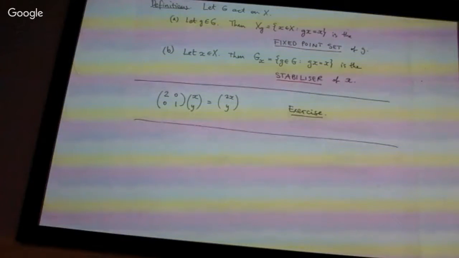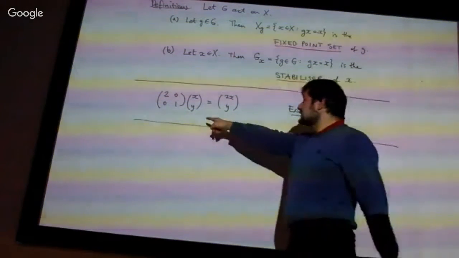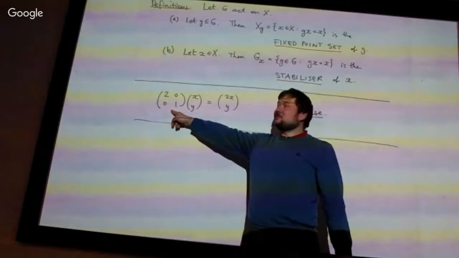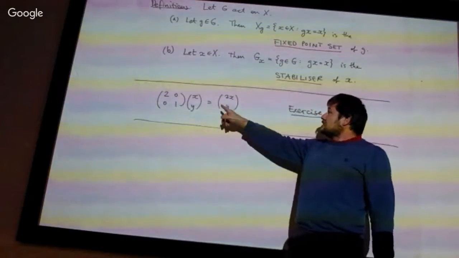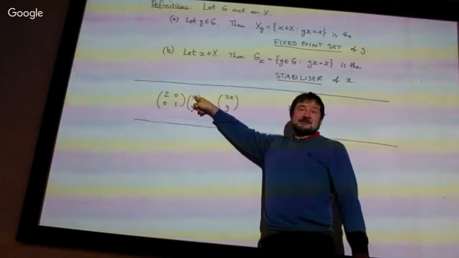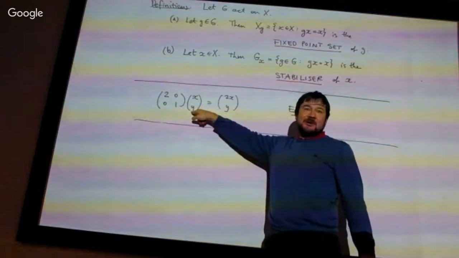Okay. So if you look at one particular transformation, given by this matrix, the points that don't move anywhere are exactly the points where x is 0 and y can be anything.